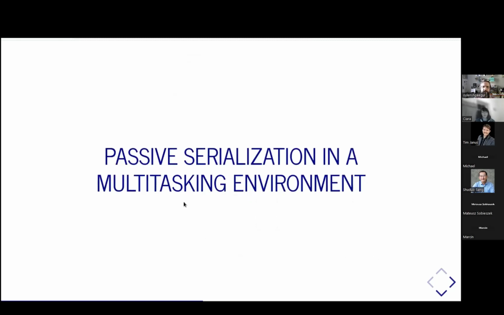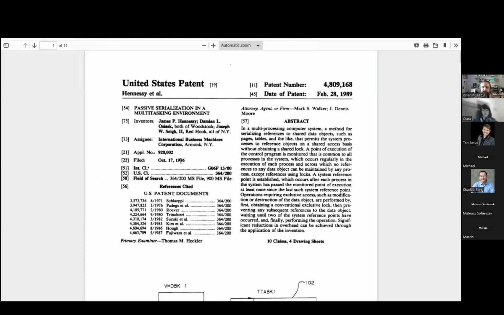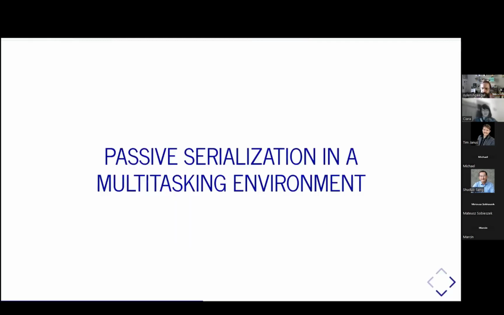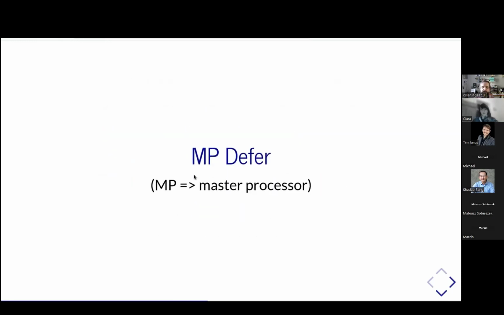And as just another illustration that none of this is new, passive serialization was patented. They applied for the U.S. patent in 1986. It was granted in 1989. So that's 30-something years old.